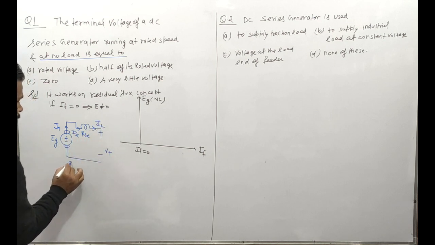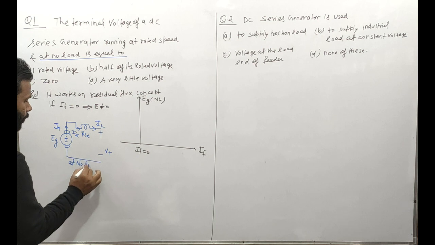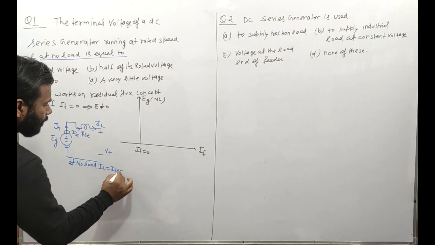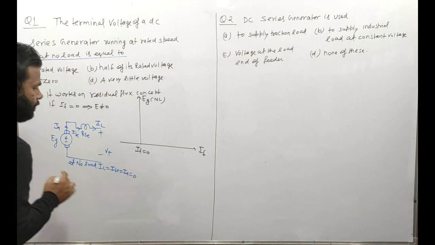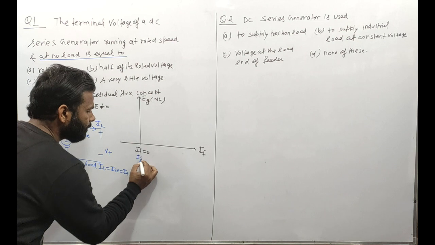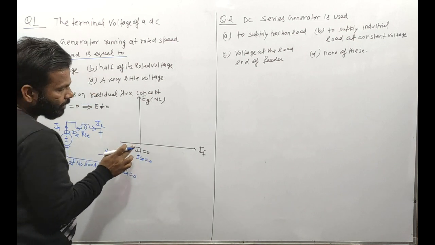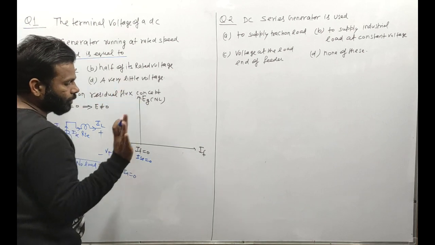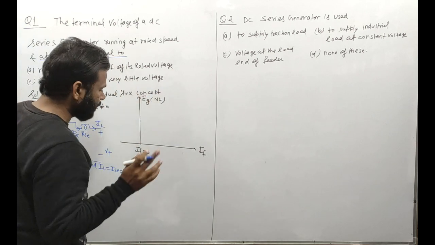So at no load, IL or ISE or IA all are zero. Clear? That means this series field current, this ISE, is equal to zero. When the field current is zero, that means the output is zero, that means there is no load connected.